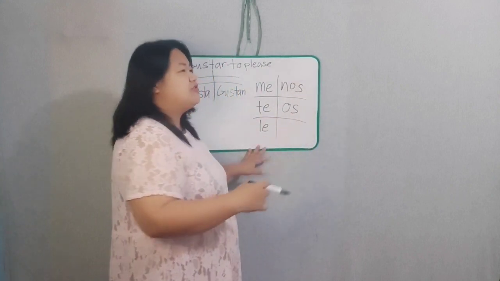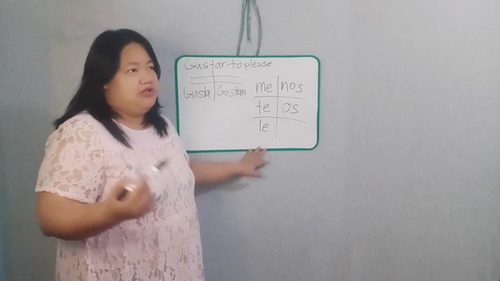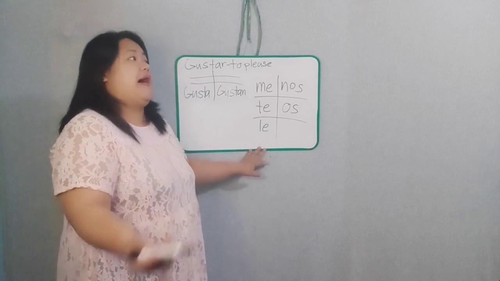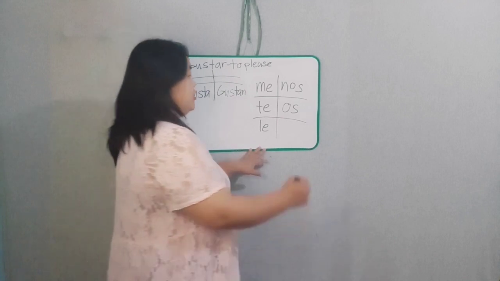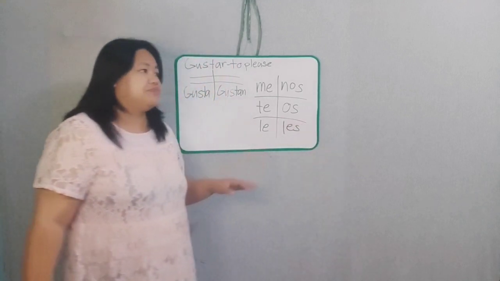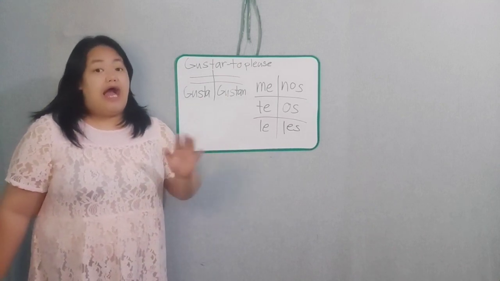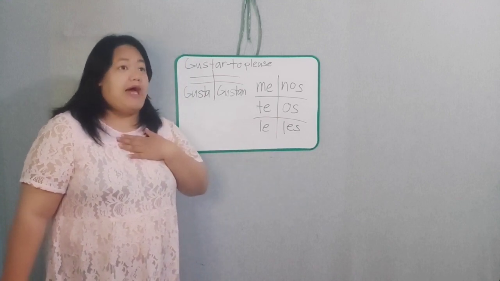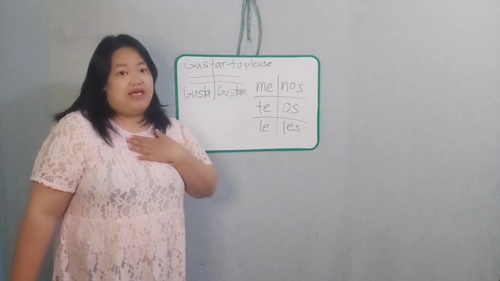You're going to use os for Spain only. So it's still there, but if you want to learn, because other people would want to learn the Spanish of Spain, we're going to put os, and of course, here it is les. So you say, I like beef, but how you say it in Spanish is, me gusta el bistec.